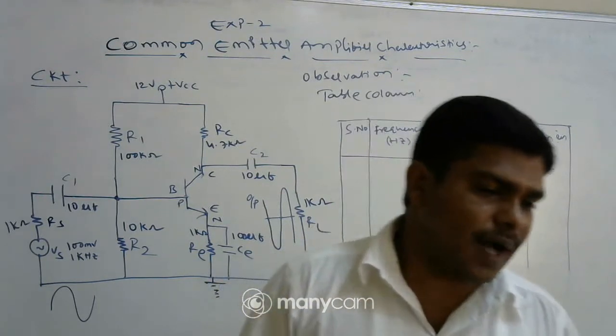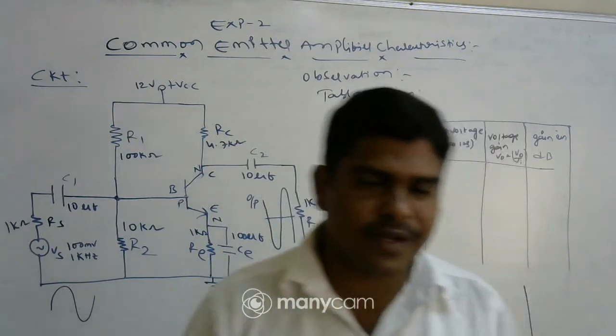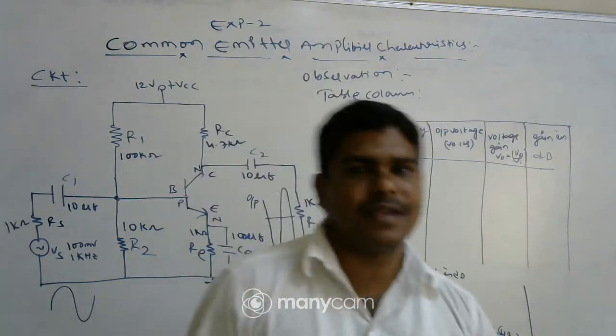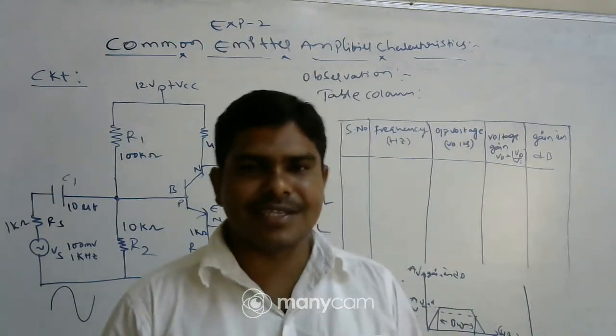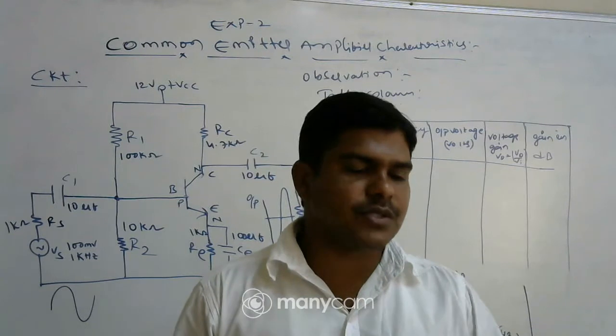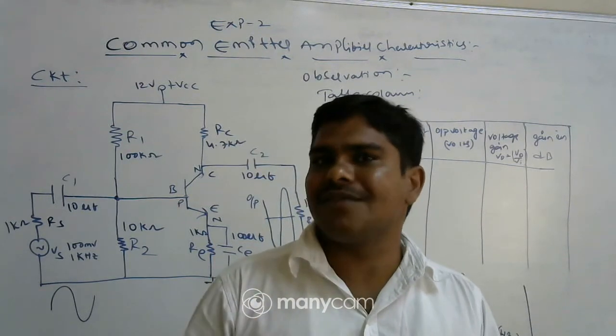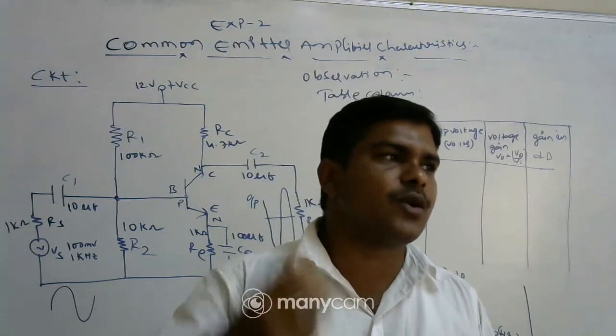An amplifier amplifies a weak signal by using a device, the transistor, which increases the amplitude of the weak input signal at the output terminal.